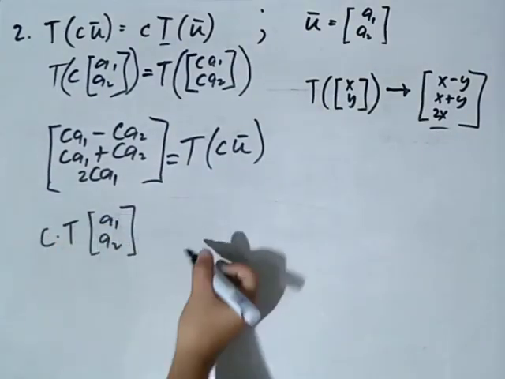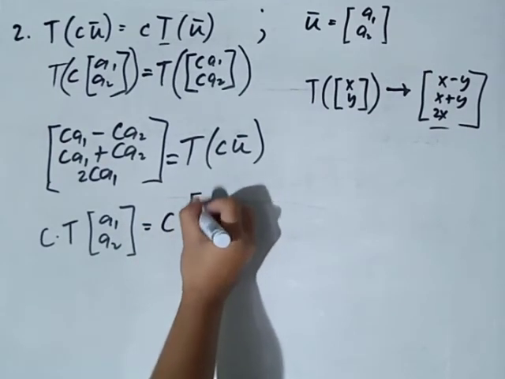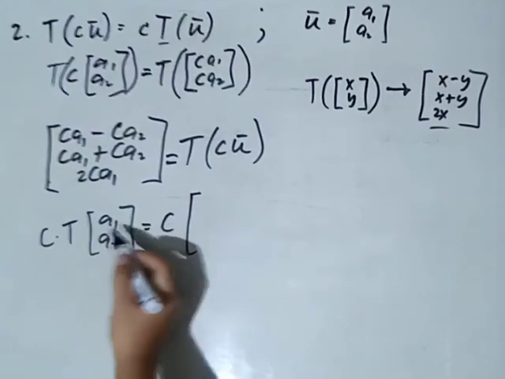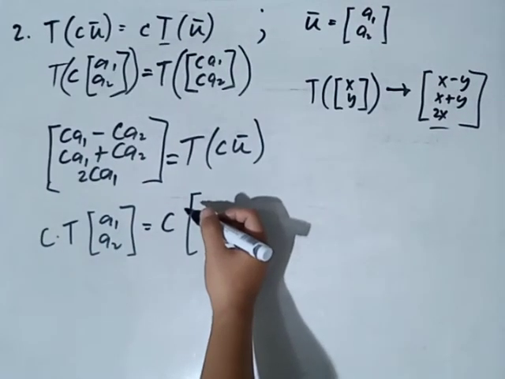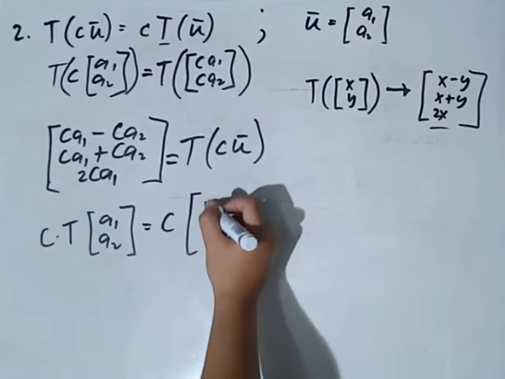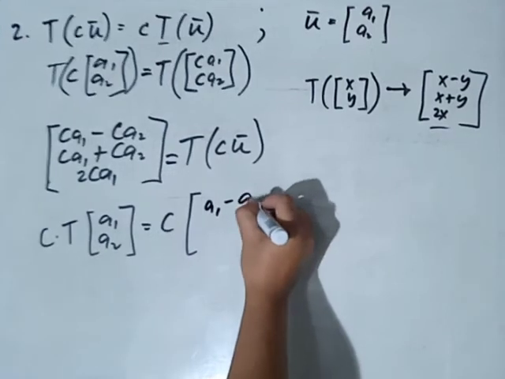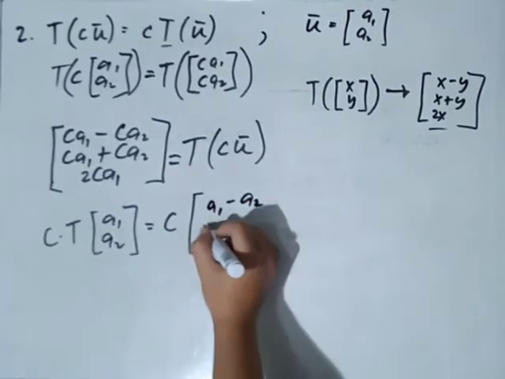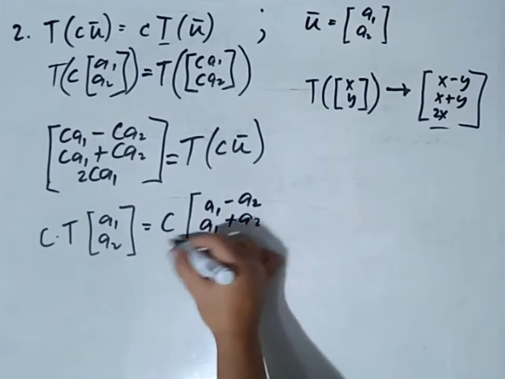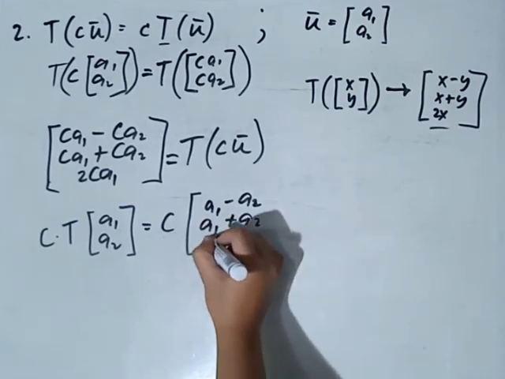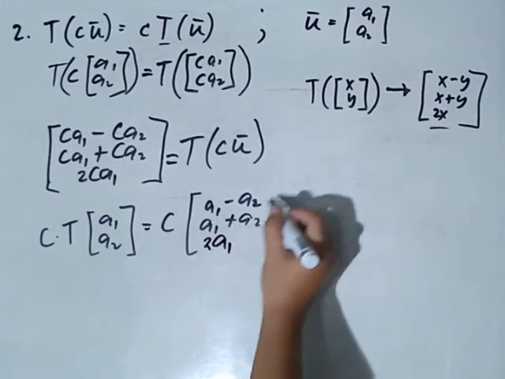So using this, we're gonna subtract the second term with the first term. So that is a sub 1 minus a sub 2. Then a sub 1 plus a sub 2. And then 2a sub 1.